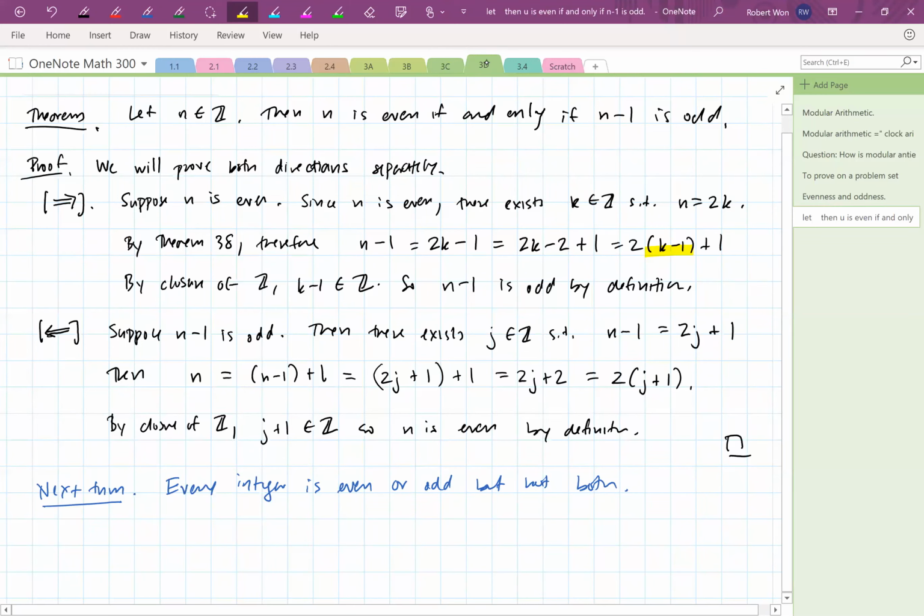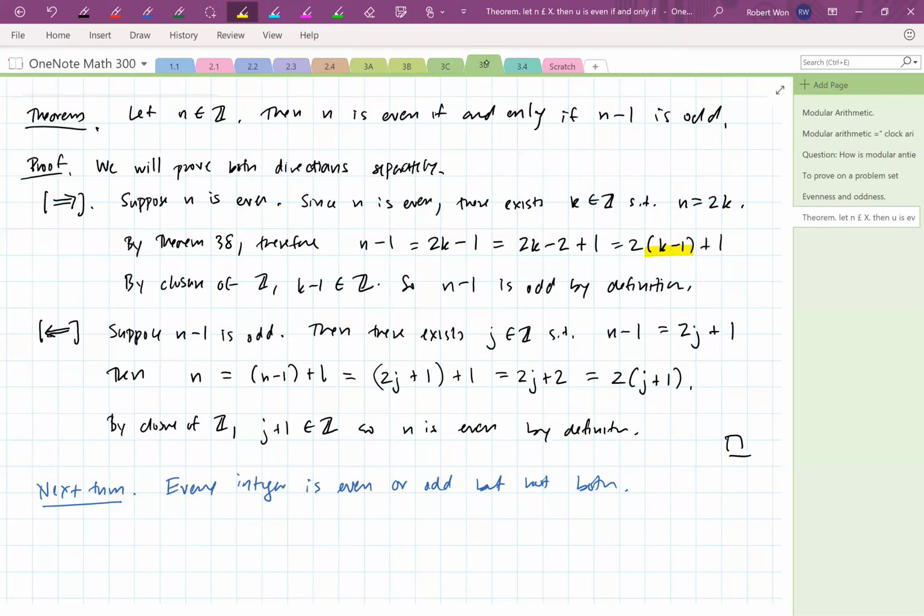But now, by this theorem that we just proved, since 1 is odd, I know that 1 plus 1 is even. 2 is even if and only if 1 is odd. So I know that 2 is even. And also I know that 1 is not even.